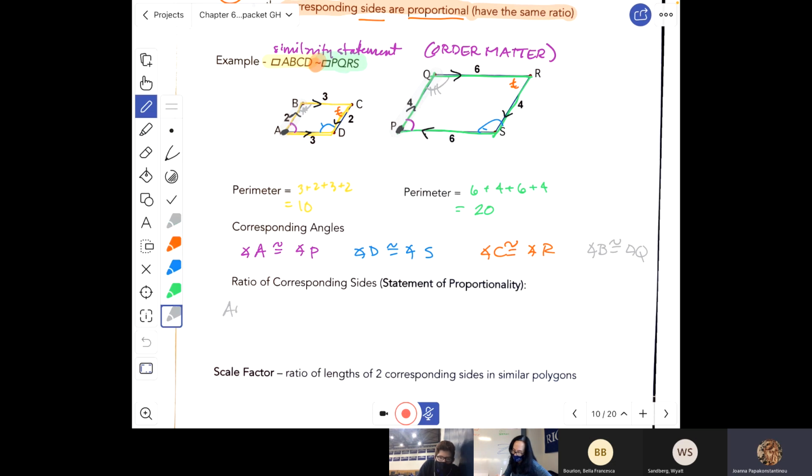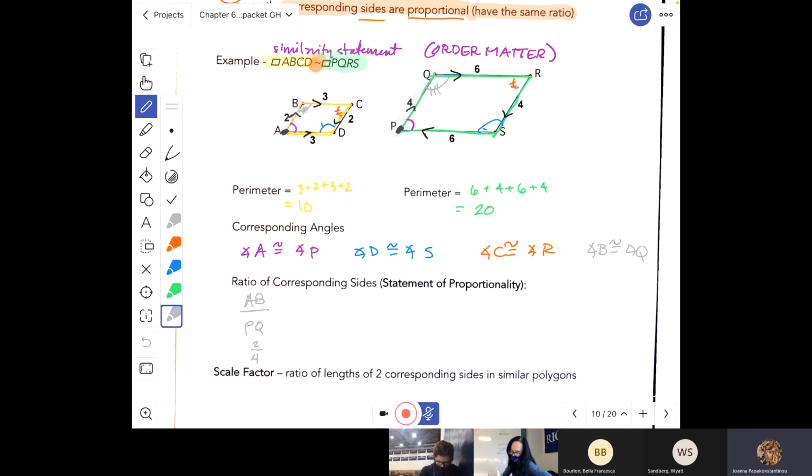So I have AB corresponds to PQ. Actually, let me make this smaller so I can do the values underneath. Can I look at the ratio of the length of the sides? AB is 2. PQ is 4.